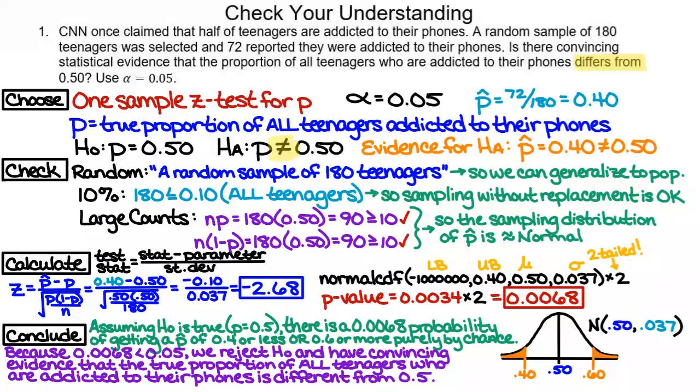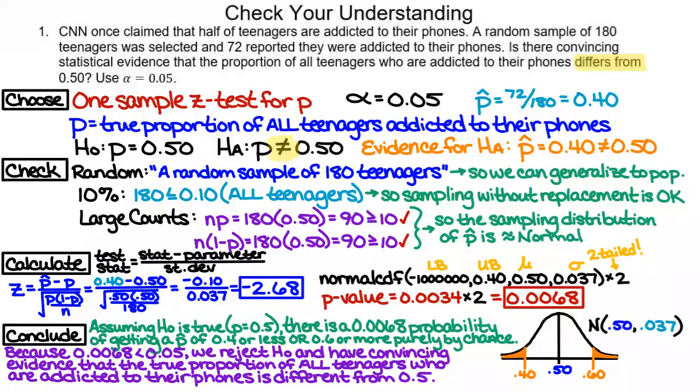Just looking at the conclusion, if you didn't know what p hat was here, would you be able to make an educated guess about whether it's less teenagers or more teenagers? We're rejecting the idea that it's half.